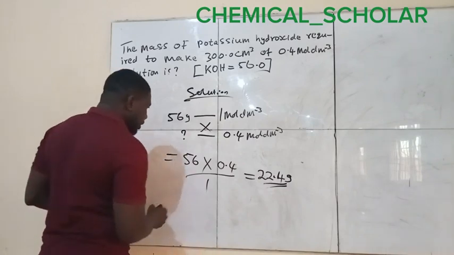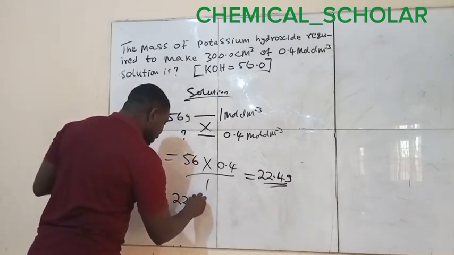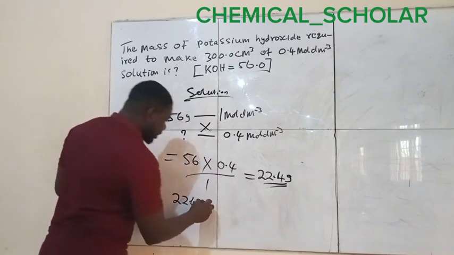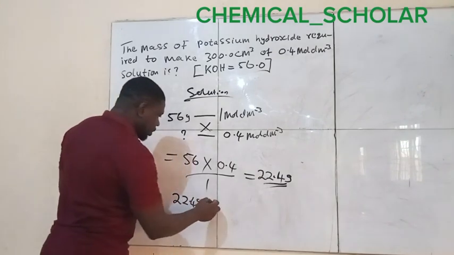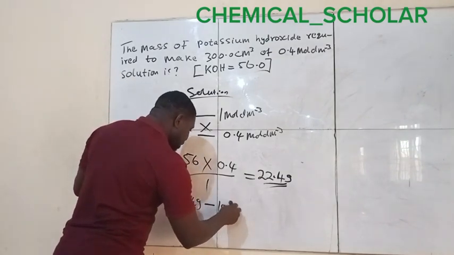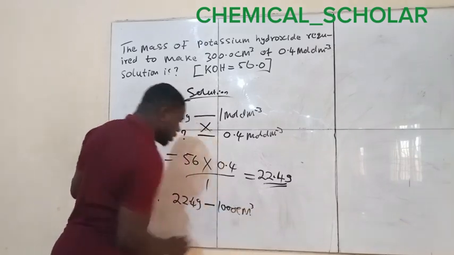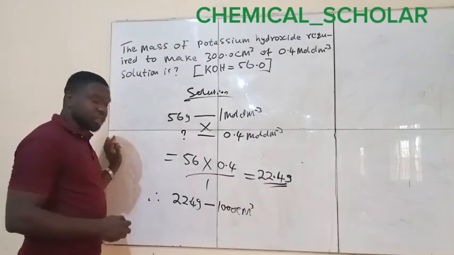So if you do that, then we now equate it that if 22.4 grams of potassium hydroxide is dissolved in 1000 cm³, it will give us 0.4 mole per dm³ potassium hydroxide.